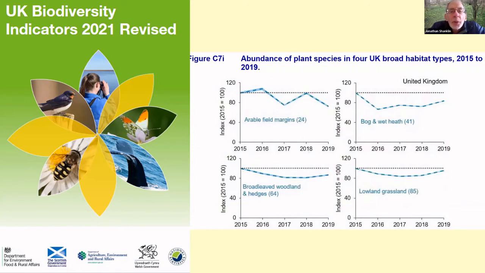The topic of Lizzie's talk on arable margins, that doesn't look to be doing so well. But is this perhaps just indicating that the recorders are getting more adept at the recording? That's perhaps over controversial, and I'll probably regret saying it, but it is something that we need to be clear about.